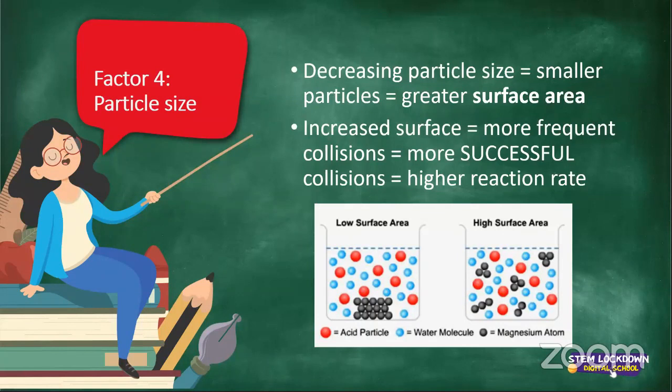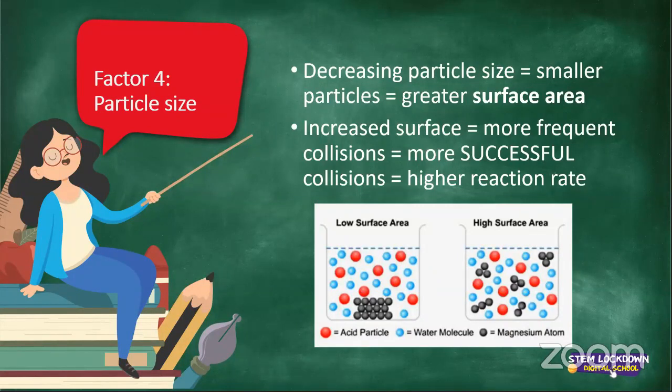So you now have a greater surface area because you've broken up your particles into smaller sizes. And that's what we do when we take something like aspirin and you squish it and you make it a powder and you throw it onto your tongue or into your water.